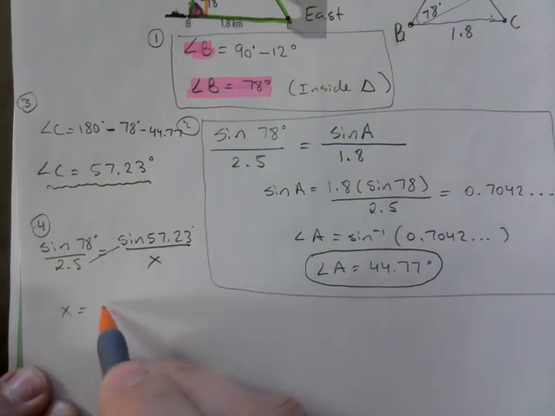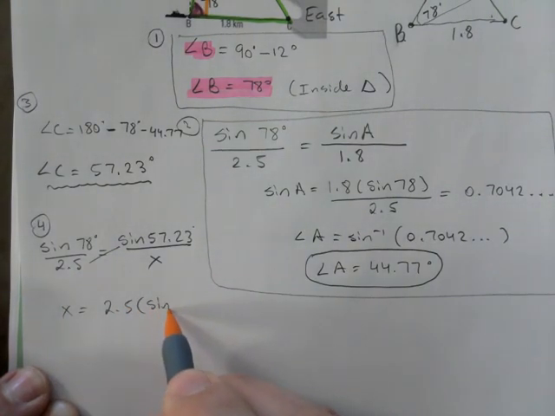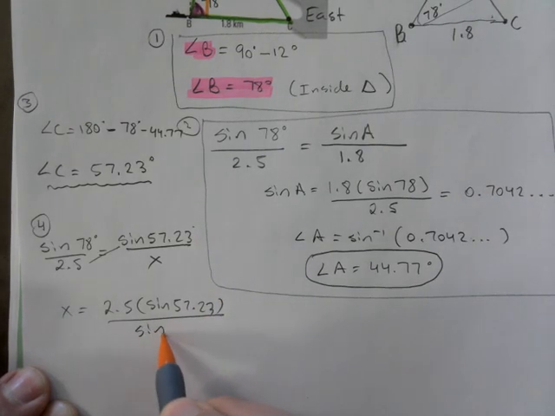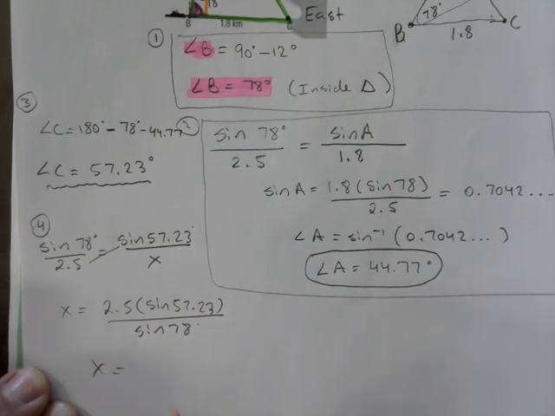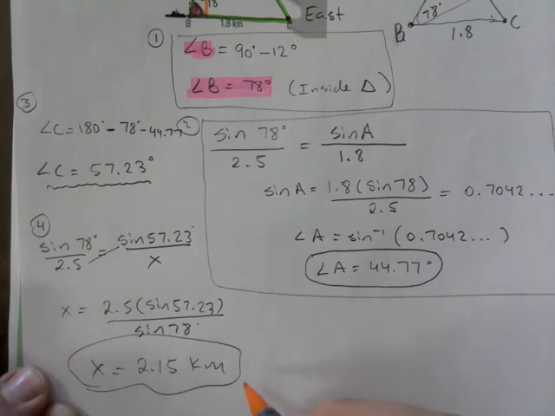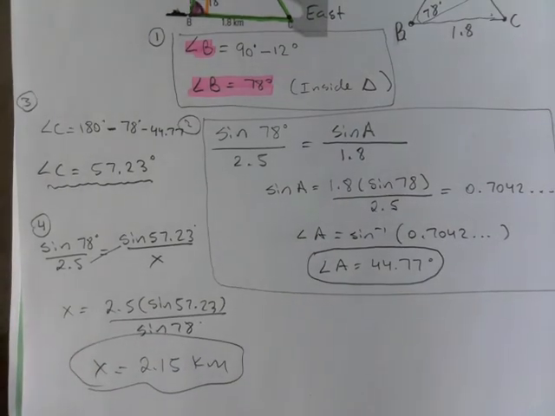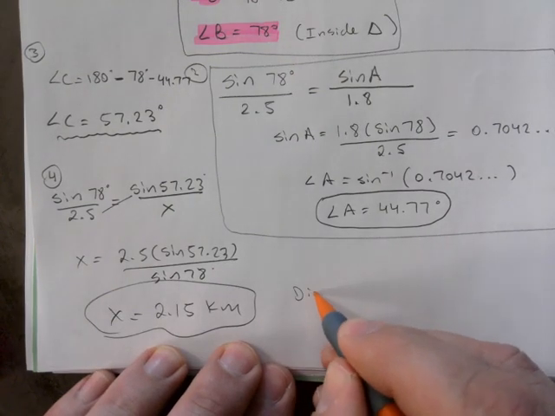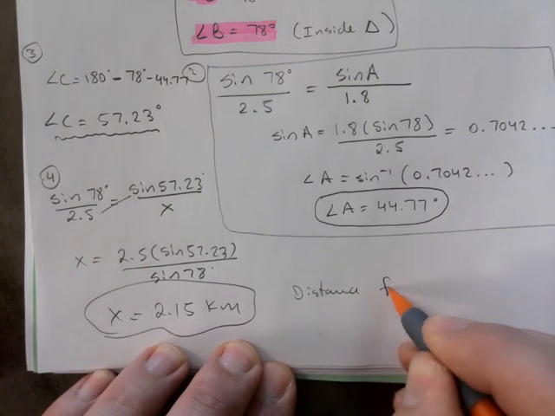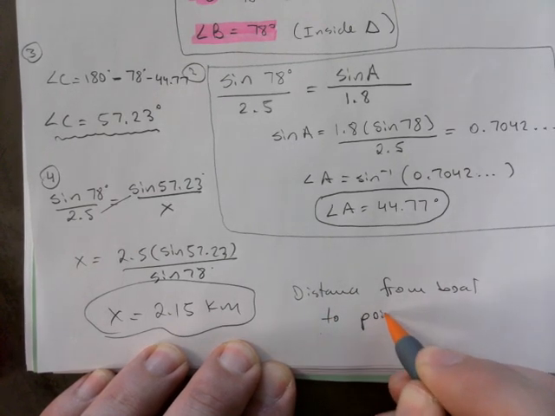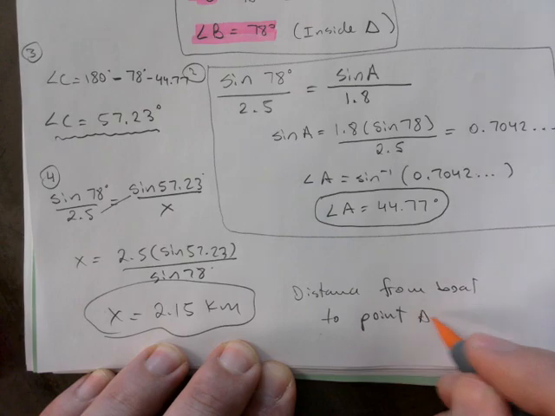So you cross multiply: 2.5 times sine of 57.23 divided by sine of 78. X is 2.15 kilometers. This is the ultimate question that I just answered: distance from boat to point A.